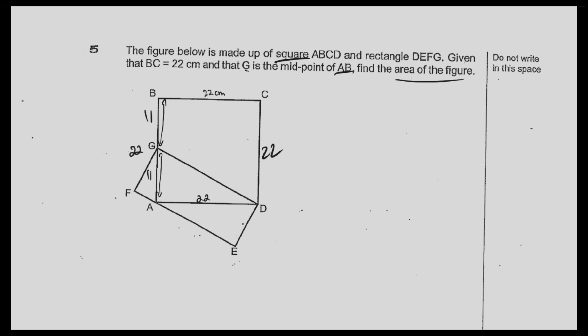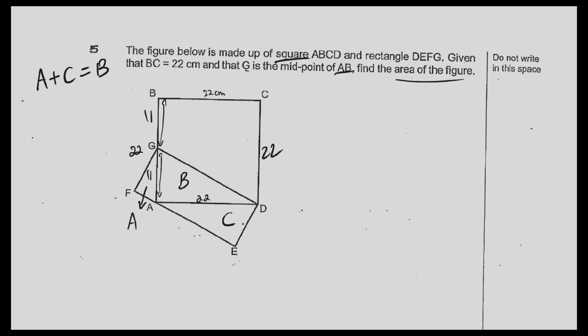We want to find the area of the figure. Before we find the area of the figure, we have to realize something. Let's call triangle GFA area A, triangle GAD area B, and triangle ADE area C. By inspection, we see that area A plus area C is area B. And how can we prove this?